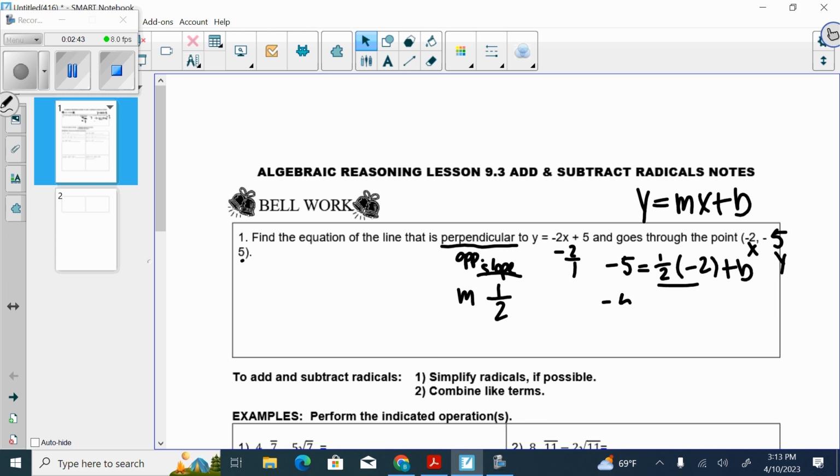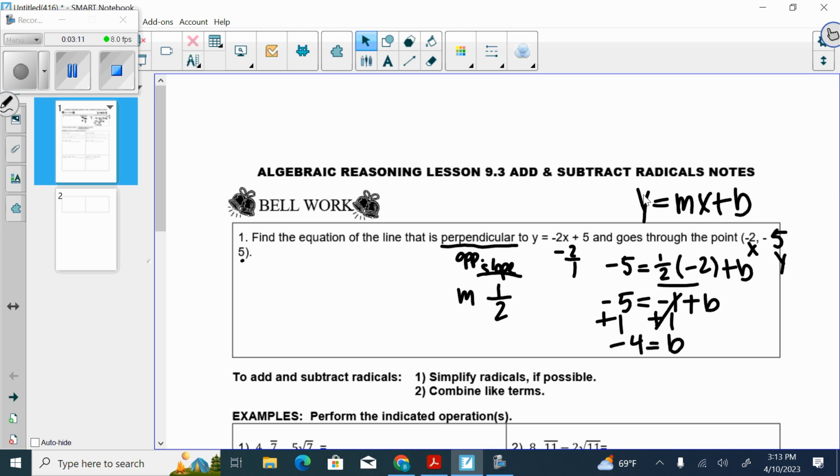So I'm going to have -5 is equal to, we said that becomes -1 plus b. All right, and what am I going to do now so I can get b by itself? So we want to get the b by itself, so we are going to have to add the -1 to move it to the other side. All right, what is -5 plus 1? -1.